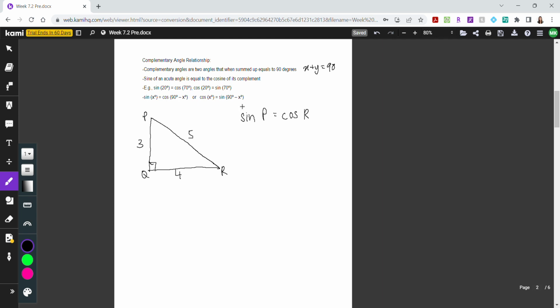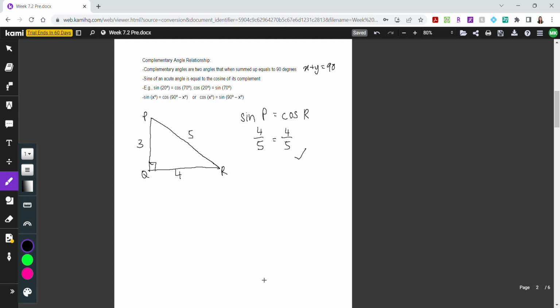That means P and R, when added together, should equal 90, meaning P and R are complements. So let's look. Sine P: the opposite of P is 4, and our hypotenuse is 5, so we can write it as 4 over 5. And then cos R is adjacent over hypotenuse, so also 4 over 5. So can you see how the sine of an acute angle is equal to the cosine of its complement? It's because of this. That's why it's true.